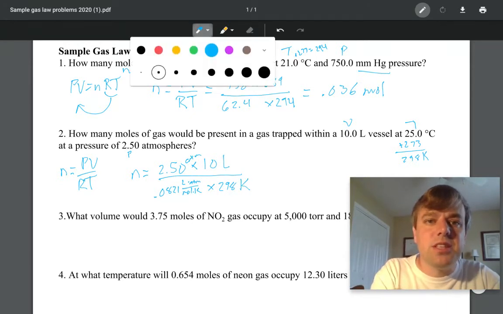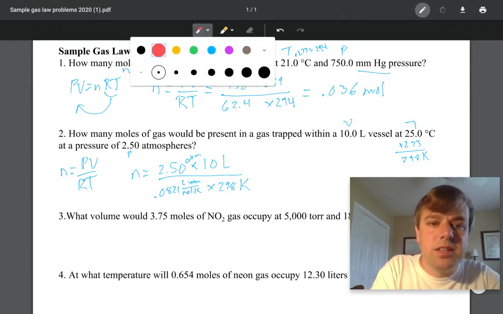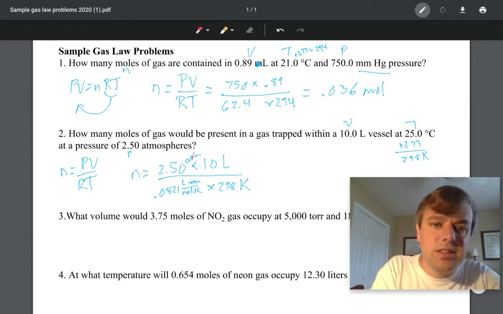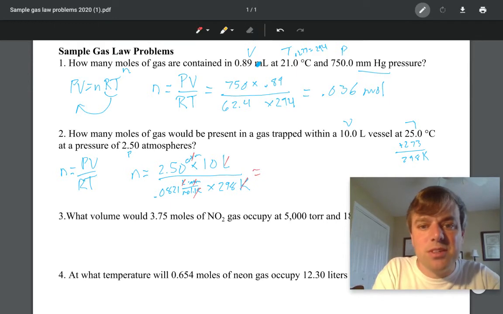Now, what's interesting about the units is we have atmospheres on the top of our equation and atmospheres down here. We have liters on top, liters down here. Then on the bottom, we have kelvins and then kelvins on the bottom of that fraction. So our units are going to come out to be something divided by moles. And if you divide by something and divide by it again, you're multiplying by it.